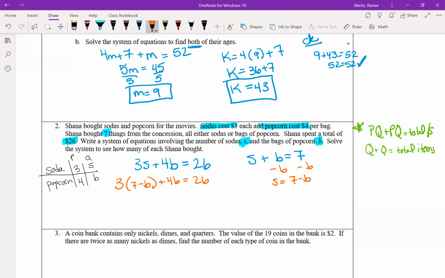So we're solving for B: 21 minus 3B plus 4B equals 26. B equals 5. If we have 5 bags of popcorn, we will have 2 sodas. S plus 5 equals 7. S equals 2.